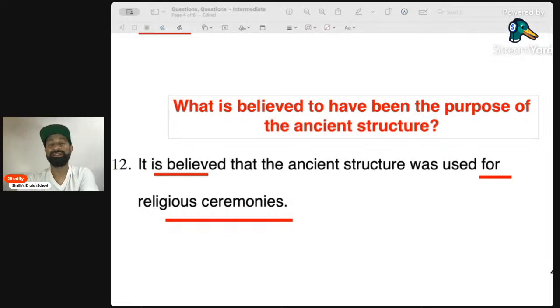What is believed to have been the purpose of the ancient structure? Okay, that's the question here. Well, it is believed that the ancient structure was used for religious ceremonies.